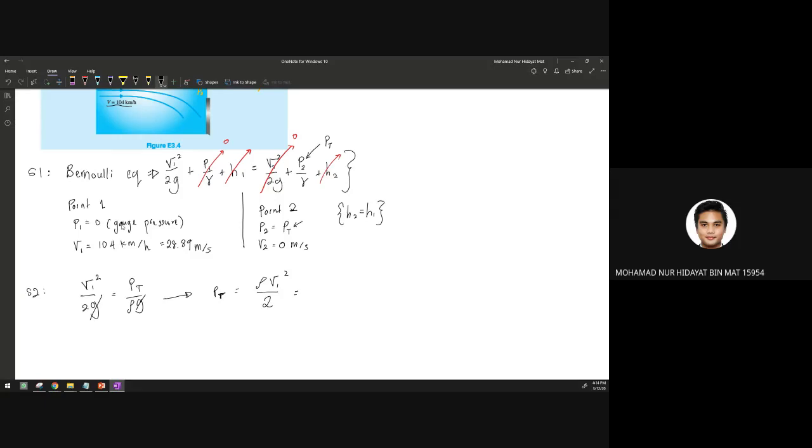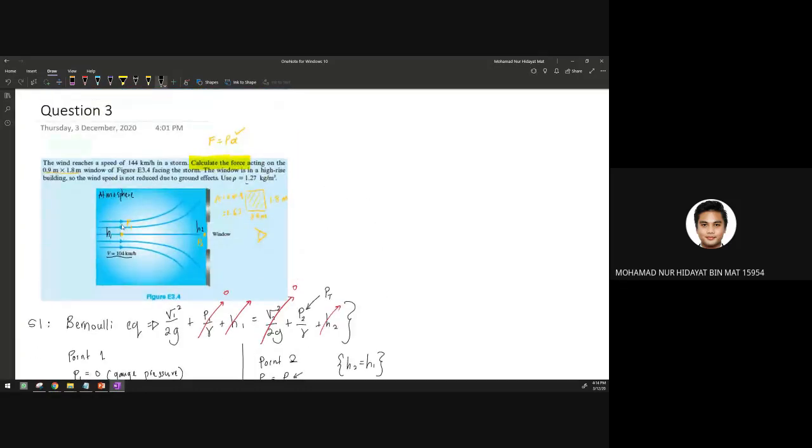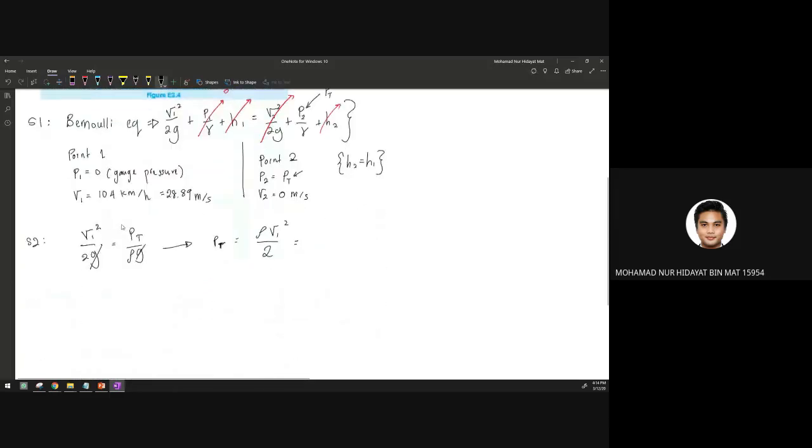The density of air is given, I think, yes, density of air is 1.27, multiplied by velocity 28.89, to the power of 2, over 2. So what's the final answer? Please help me. What's the final answer?